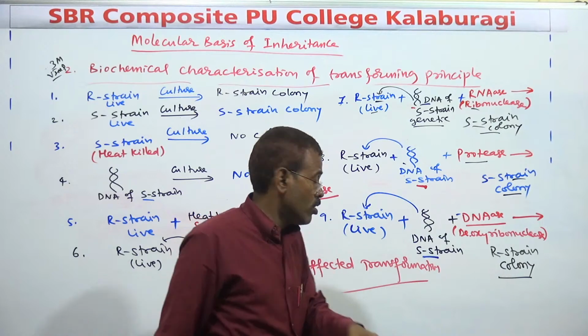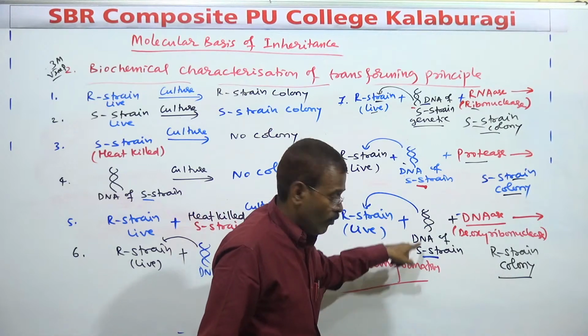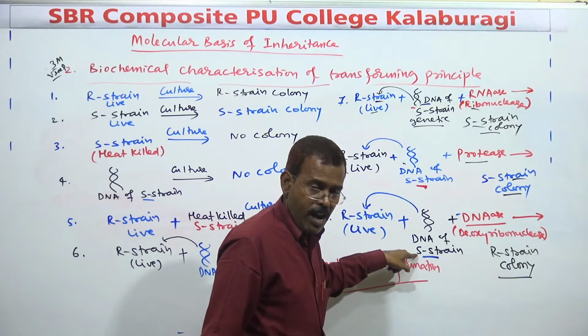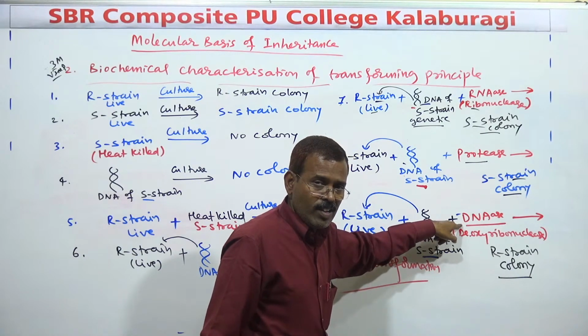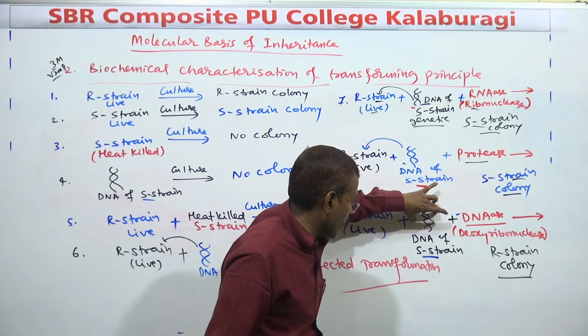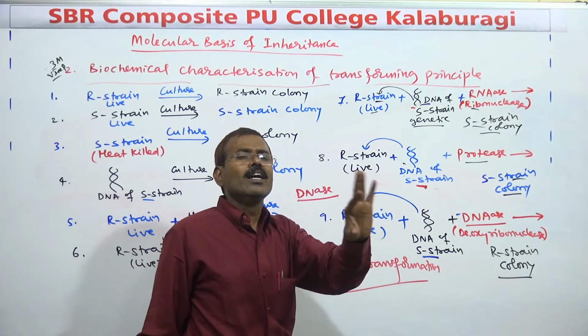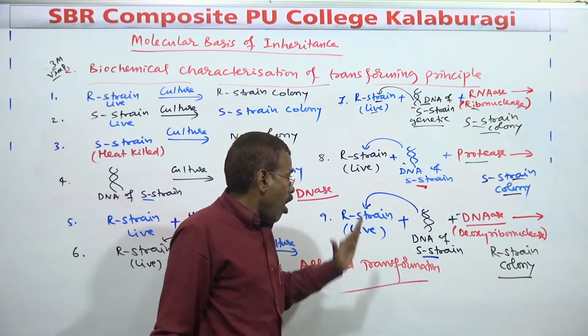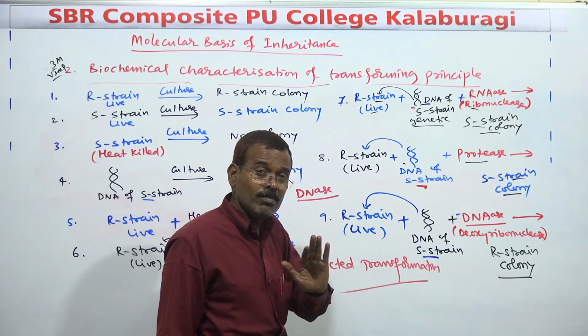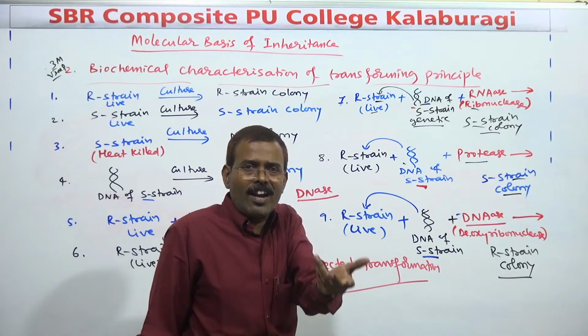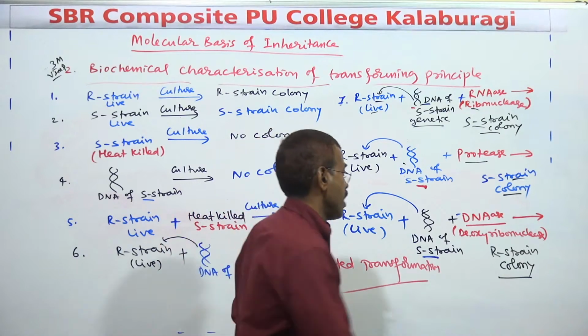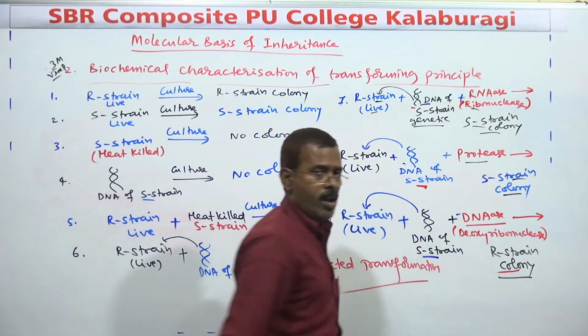That is because the genetic material of the smooth strain, which is DNA, was digested by the DNase. This genetic material could not enter into rough strain and could not bring transformation. Hence, the rough strain bacterium, without undergoing transformation, remained as rough strain colony.